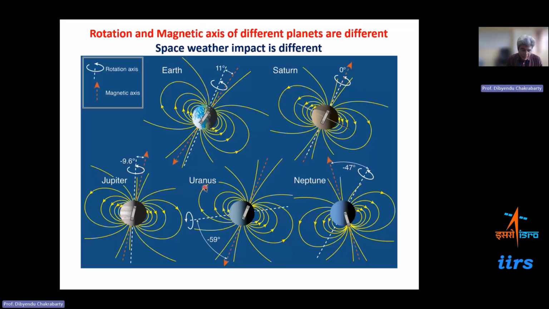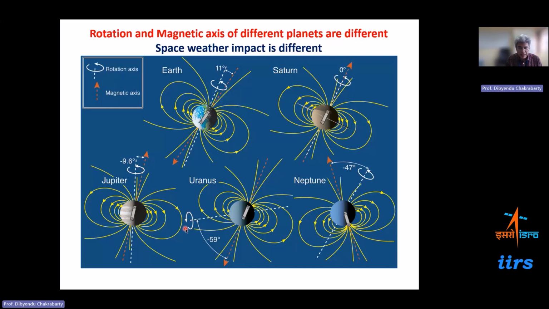Different planets have different kinds of magnetic field. To give you an extreme example, if you look at Uranus, the rotation axis of Uranus is in the plane of the sun and the planets, which we call the ecliptic plane.